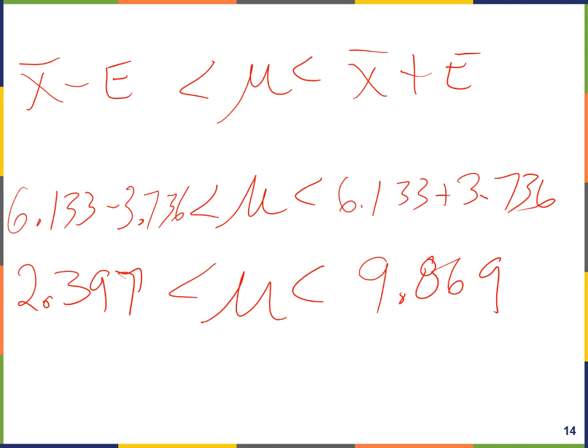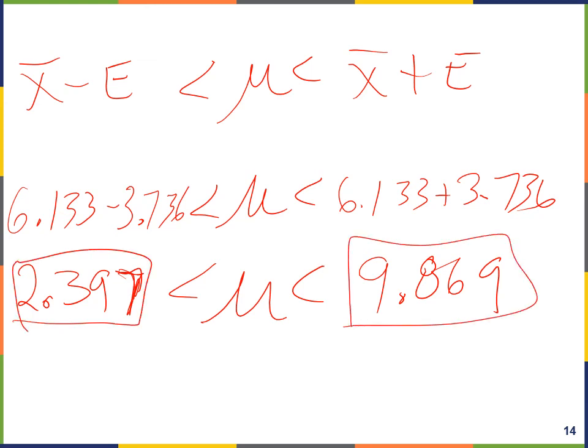So the average number of hours the whole population, a population of statistics students, let's say, will watch TV per week is somewhere between 2.397 hours and 9.869 hours.